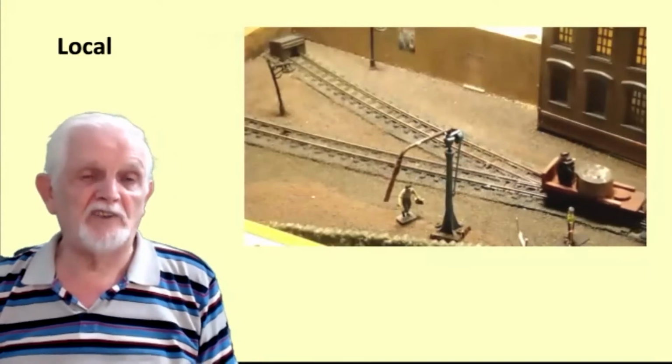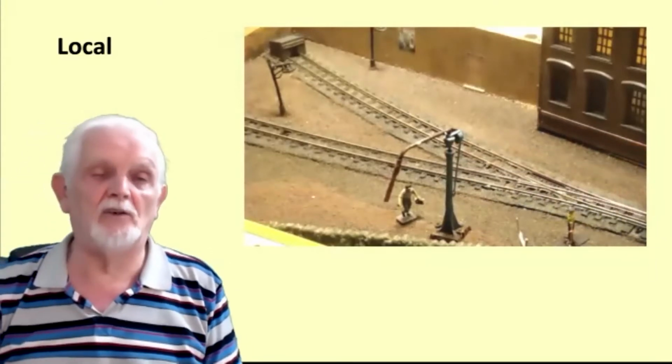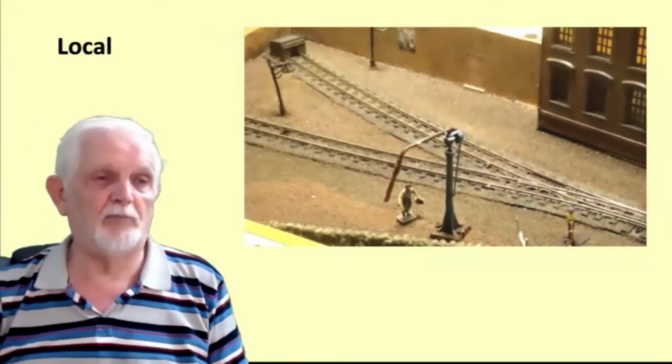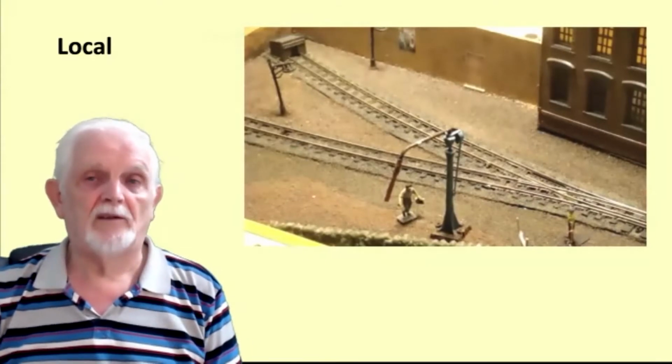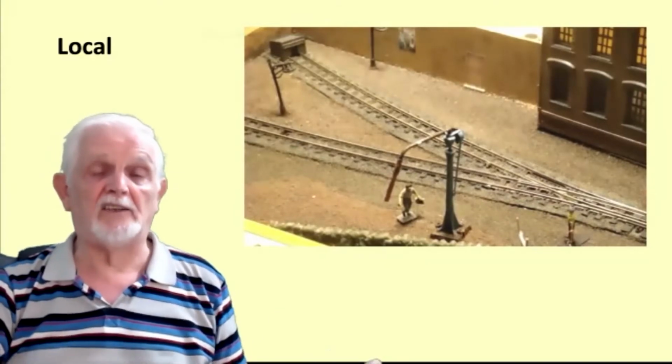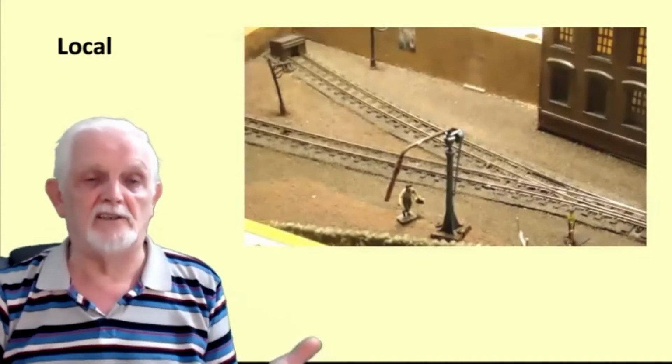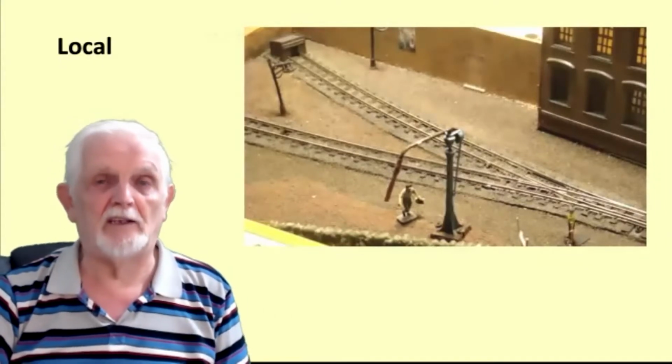So we've managed to get, once again, a little feature into a layout with just a couple of MERG kits. One of them being the detector and the other being the action that detector starts.